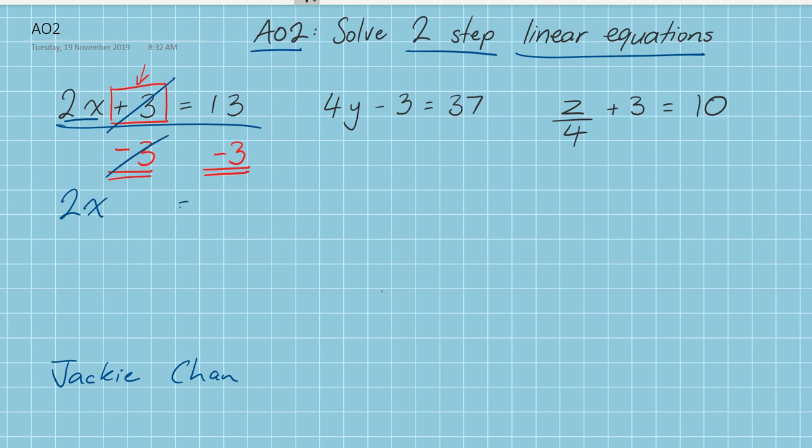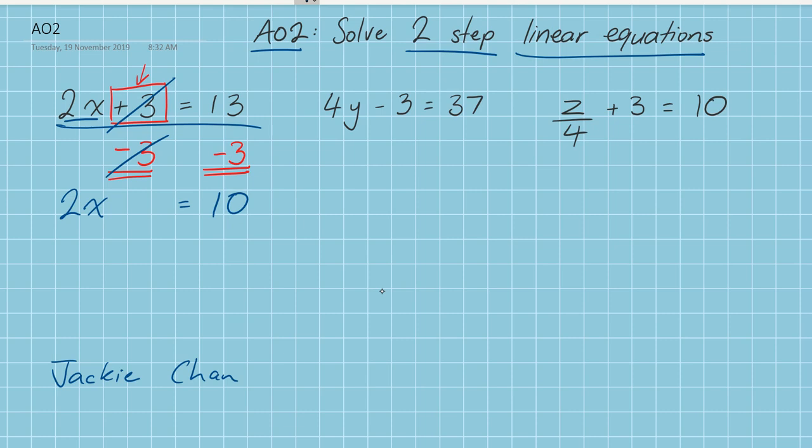And over here, 13 minus 3, only 10 left. So I have identified the smallest person, used the ultimate counterattack, maintained balance, and reassessed my situation. That's the first step of the two-step linear equation done.